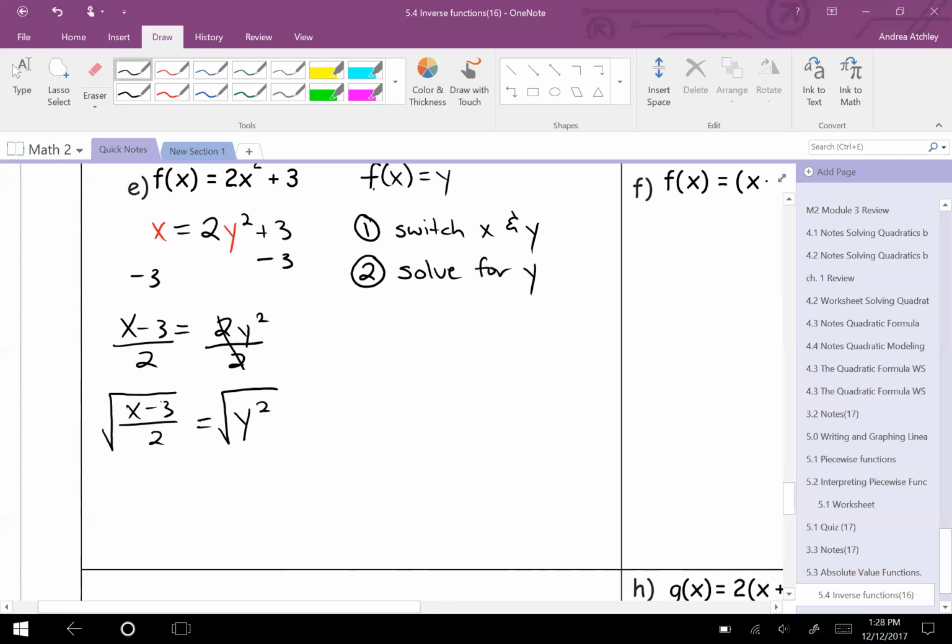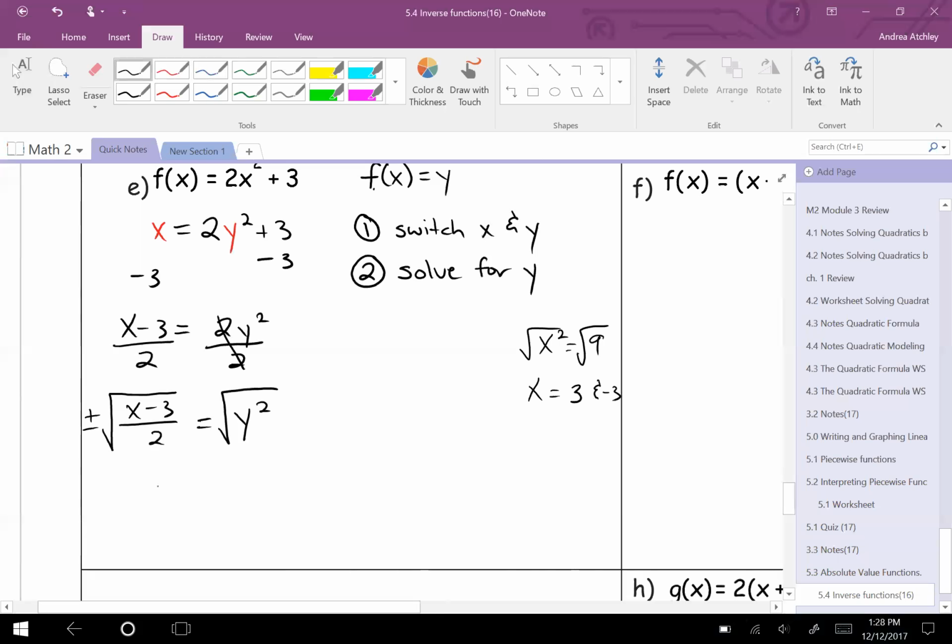And we just finished solving problems where we had to square root both sides. When I square root both sides, what do I need involved in it? So when I had, let's say, x squared equals 9, and I took the square root of both sides, what was my answer? x equals 3 and negative 3. So I need a plus or minus sign.